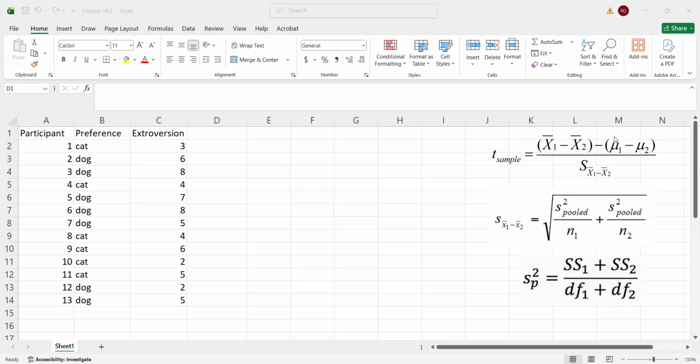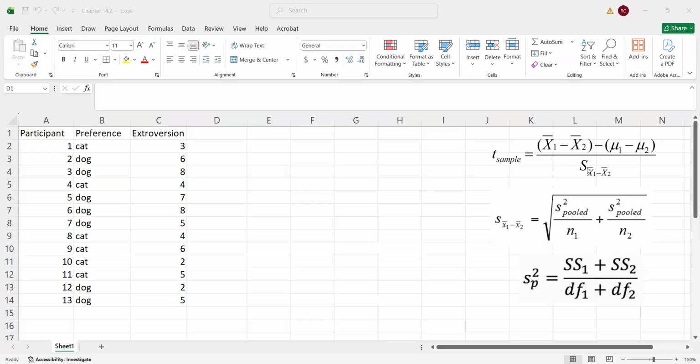So what this is saying is that mu1, that is the population mean, minus mu2, should equal 0 because the null hypothesis is that the means are the same, that there is no difference between the means of the two groups. So if you subtract one number from itself, you get 0. So we basically don't even worry about this part of the equation, which is kind of nice.